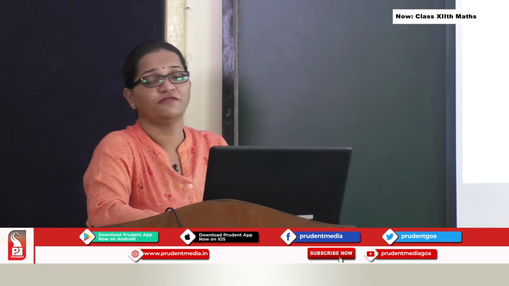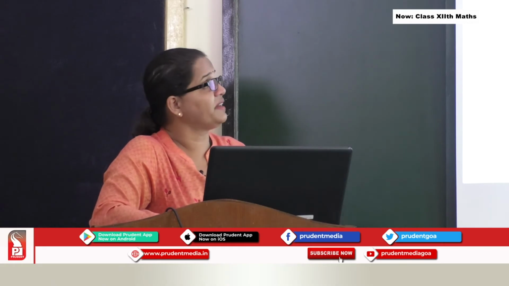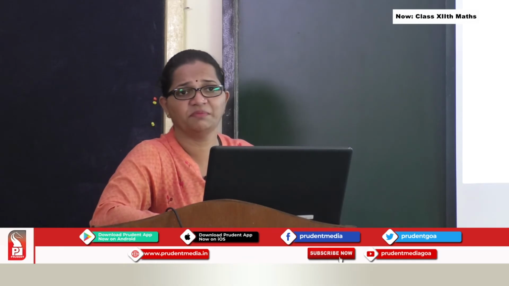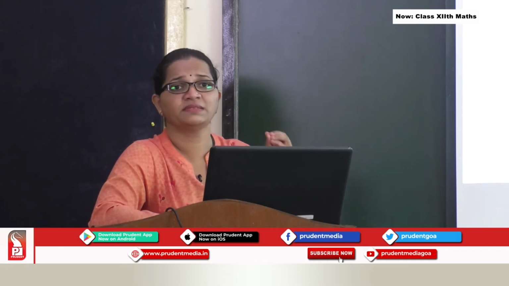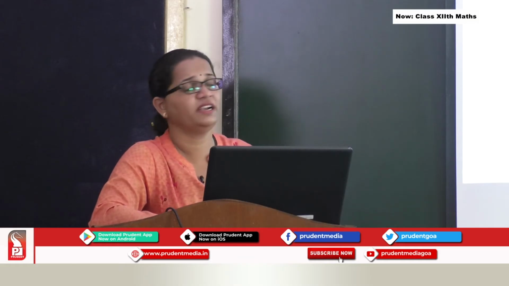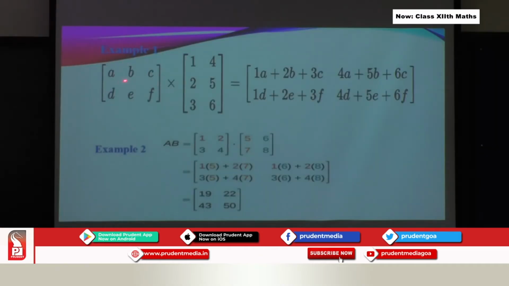Now let us talk in terms of numbers. Now over here, first of all I must check whether the given matrices are conformable or not. What does it mean? Whether matrix multiplication is possible or not. How to find out? Let us look at the order of these two matrices. What is the order of this matrix? It is 2 by 3, perfectly fine. What is the order of this matrix?